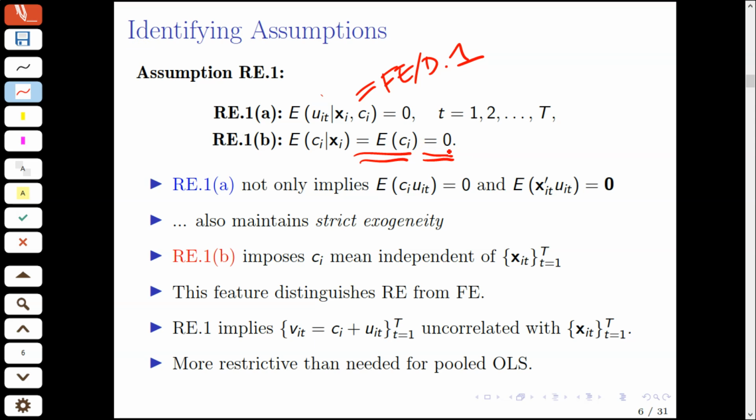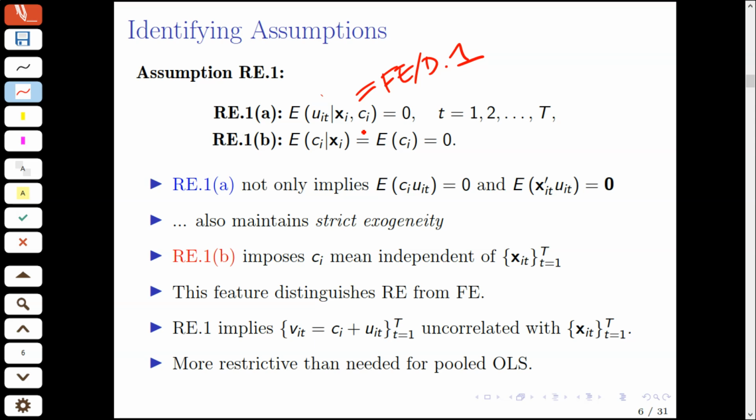However, given the conditional mean independence, the assumption of a zero mean of the individual effect can be enforced by simply including an intercept among the regressors, which is not that restrictive. So henceforth, we'll assume that the regressors contain an intercept term.